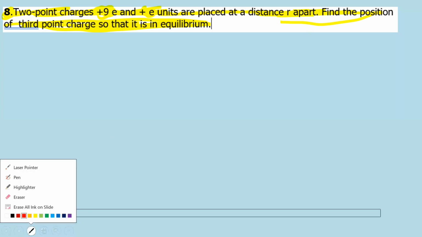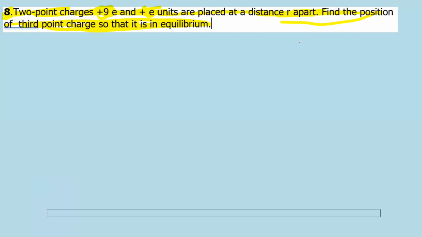Then you place a third point charge such that it is in equilibrium, and you need to find the position of that third charge. I hope the question is clear.